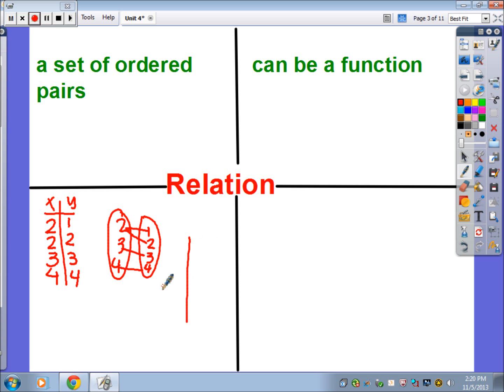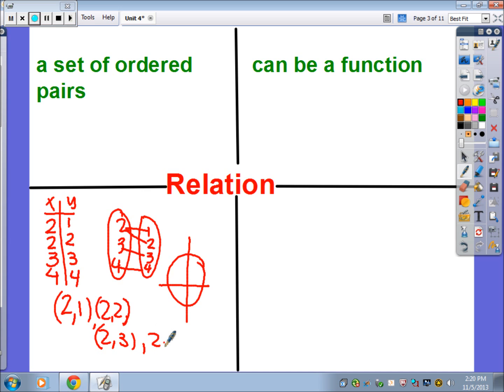You can have a relation that's an image, that's a graph. And you can have a relation that is actually a set of ordered pairs: (2, 1), (2, 2), (2, 3), (2, 4). So what are some things that are not relations?